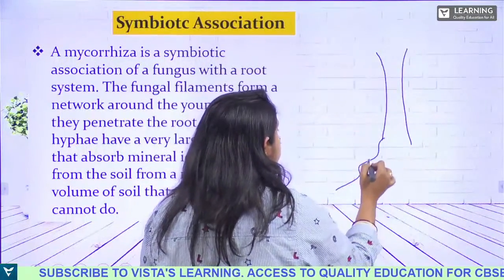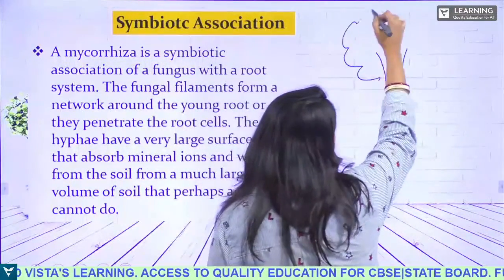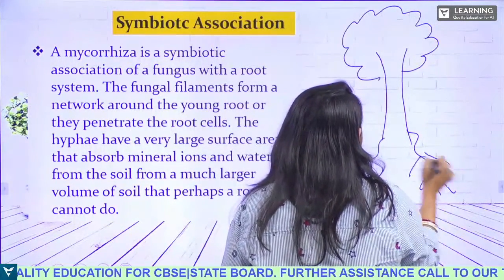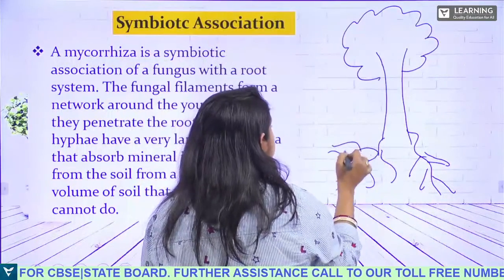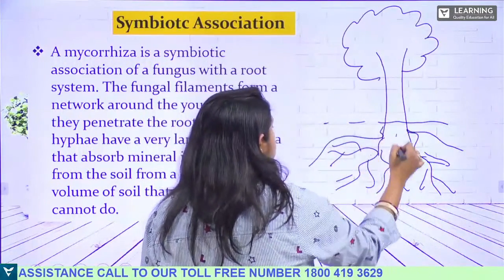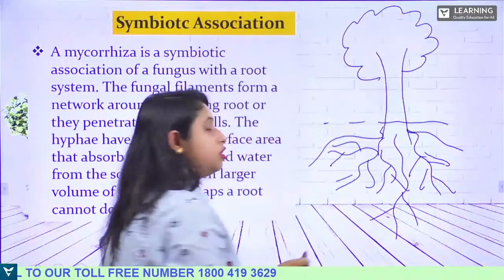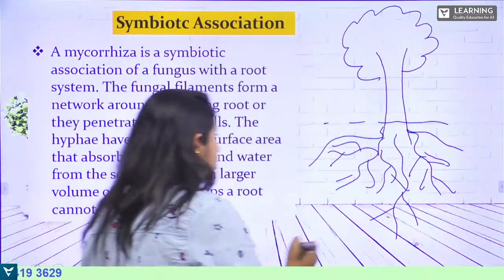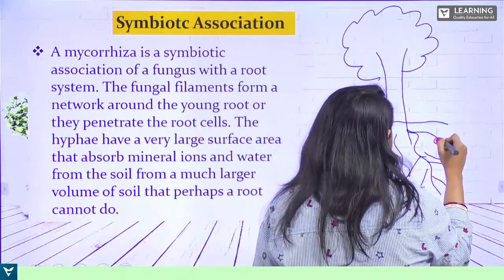So see, in the case of a higher plant, if this is a big tree, these are all the roots of the plant. Now there are some fungi which are called Mycorrhiza.